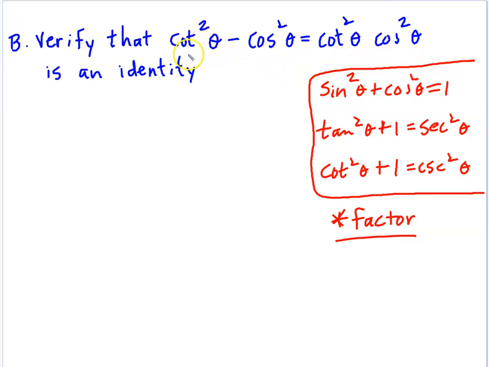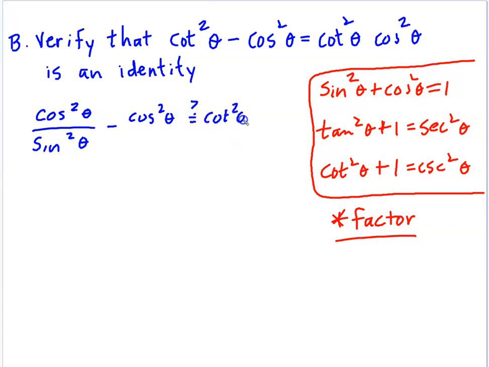All right, so I'm going to use the identity that says cotangent is actually cosine divided by sine. It's a quotient identity. And the goal is to make that side equal this side.